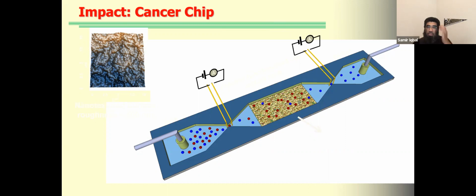So we flow in solutions, and this golden area is where we create these nanoscale features. So these are 20 nanometer to 30 nanometer features. And the red ones are shown as the cancer cells, blue ones are shown as normal cells. So those features can capture cancer cells, and we can identify or detect cancer at early stages with this kind of technology.